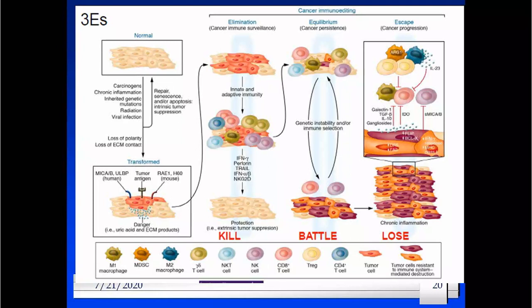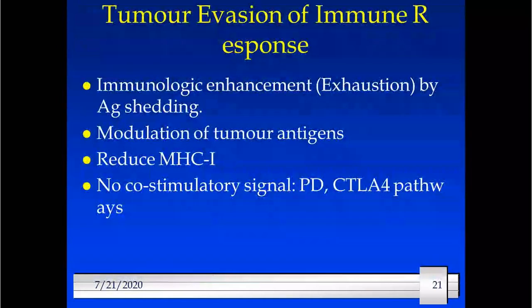Now, another subject, which is tumor evasion. How the tumor can evade and escape from the immune response. We have many mechanisms by which the tumor can escape the immune system. The first mechanism is immunological enhancement or exhaustion by antigen shedding.